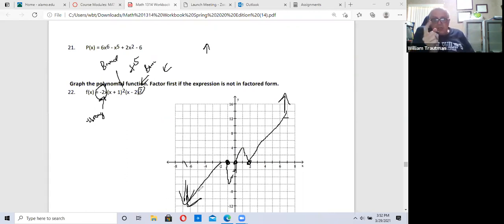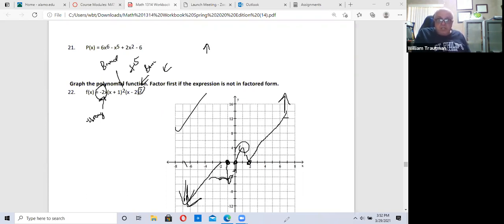So you have to know the end behavior and you have to know the bouncing. If you can do this, the answer will be marked correct. The only thing we didn't know when we graphed it ourselves was how high those points go, and we found a test point in between. But on the test, you won't.